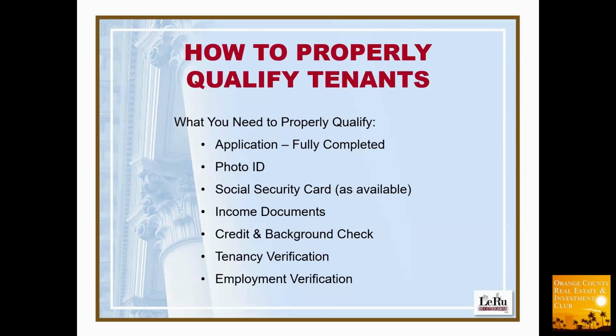Now in California, they made it more difficult with our vendor. They won't actually allow the credit check process to include criminal history anymore. So now you have to dig a little deeper and go into the different criminal background portals. You can't just do it together with the credit check.